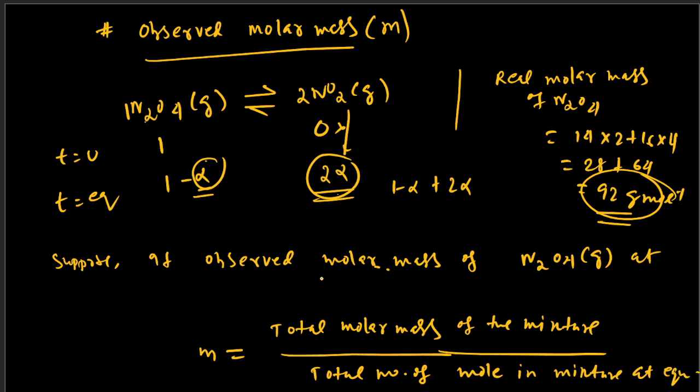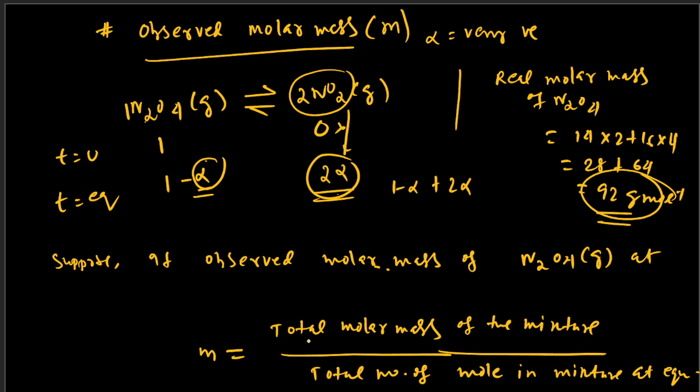If we say total mass of the mixture, we cannot write the NO2 molar mass. Why? Because from that only 2 alpha has formed, and we know alpha is very small, so a very small amount of NO2 has formed, and we cannot add the NO2 grams here.